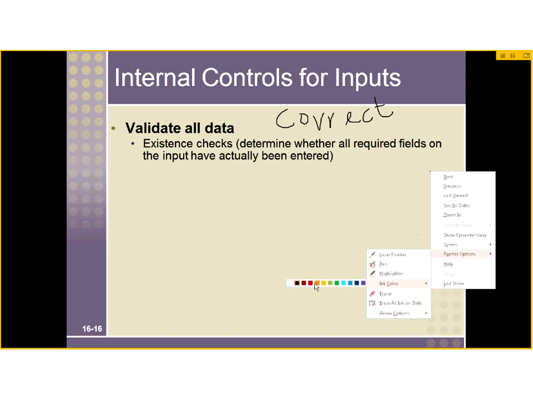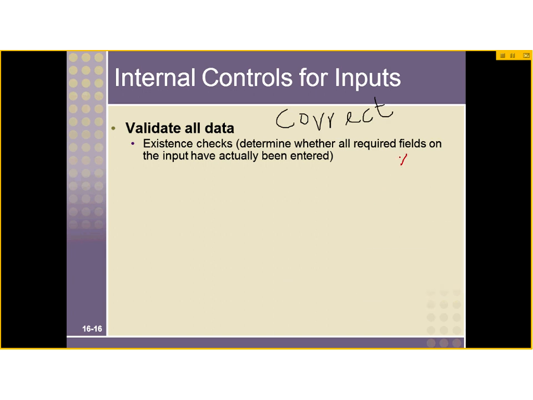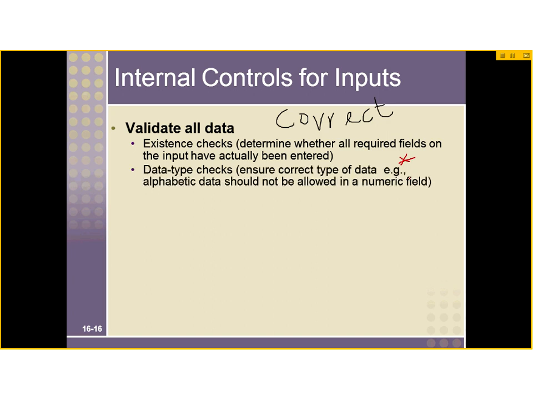The second type of internal controls are to make sure that the data entered is correct. There are many types of validation checks which are used for this. The first is existence check.